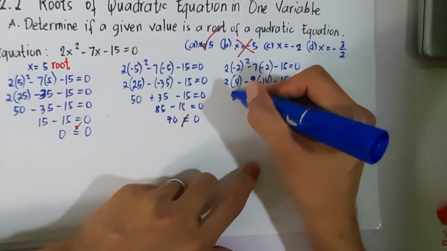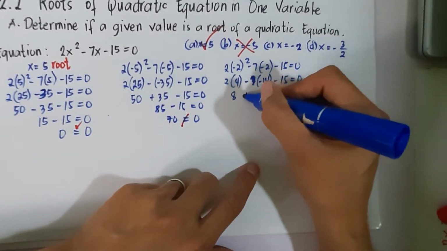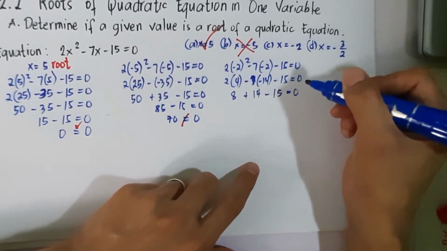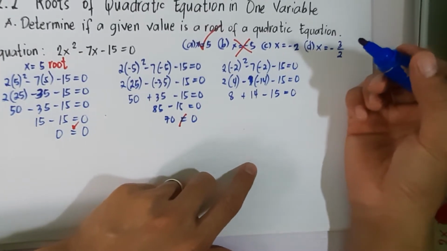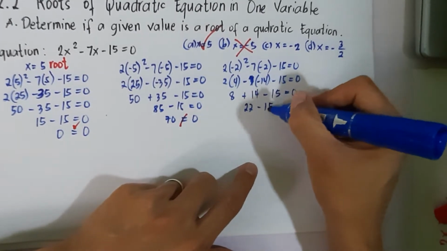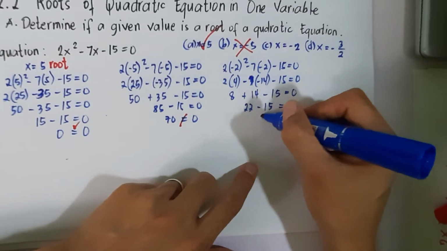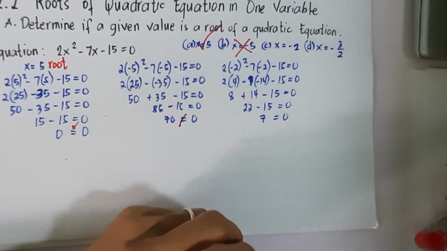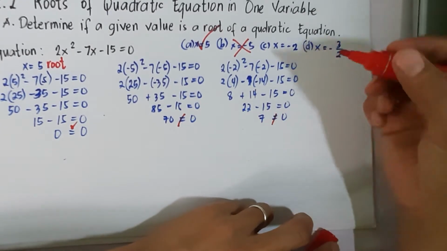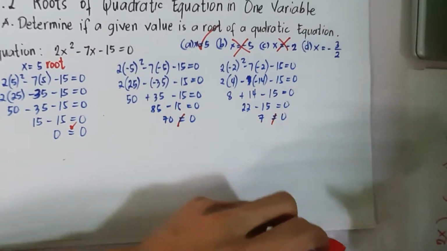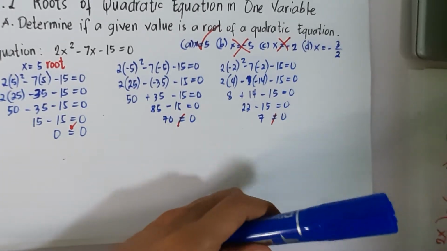So 2 times 4 is 8, and then minus times negative 14 is plus 14, minus 15 equals 0. So 8 plus 14 is 22. 22 minus 15 is 7, and it's not equal to 0. So since this is not correct, x equals negative 2 is not a root of this quadratic equation.